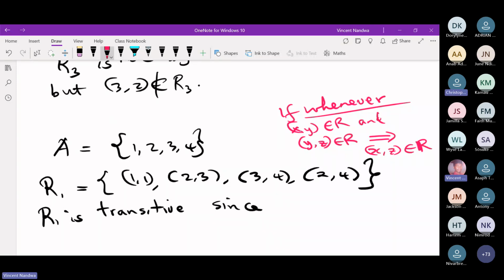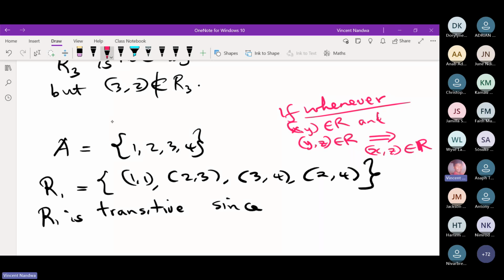So know that what you have to check for in a relation for it to be transitive is that there are two numbers which are related, X, Y, and then the second number from that is related to another different number, Z. For those two pairs, where the last number in the first pair is the first number in the second pair, your original first number must be related to the second number in the second pair.